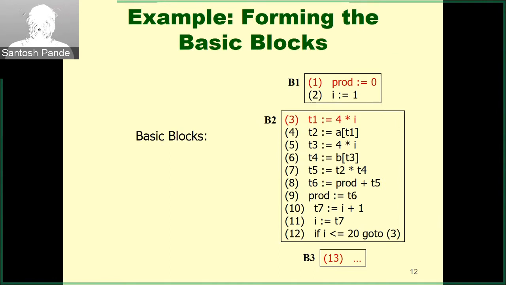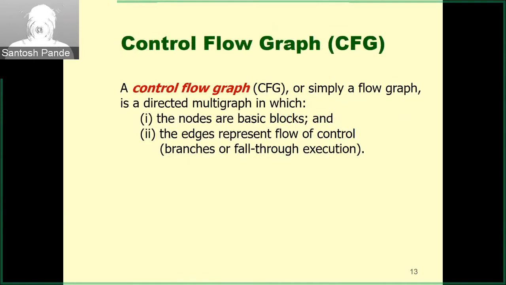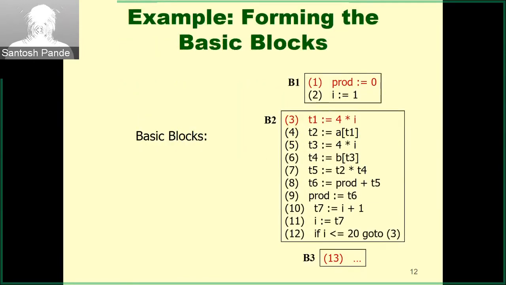And we had again gone through this. This is where you use the labels, like label 3, to decide that there is a branch from 12 which goes to 3. And of course, this being a conditional branch, there is a fall through edge which will keep going from 12 to 13.